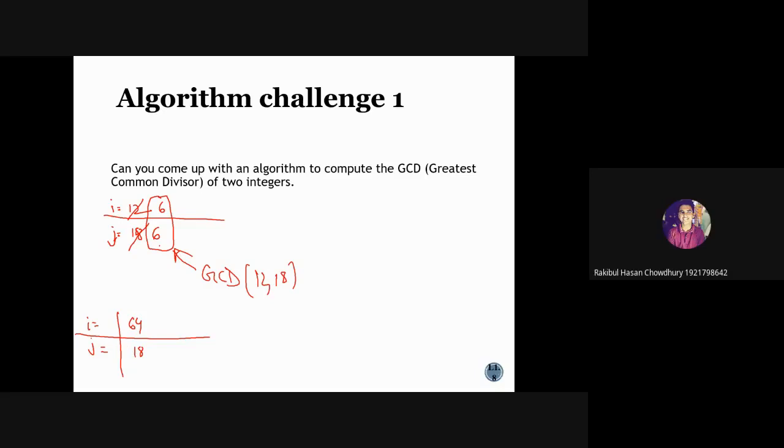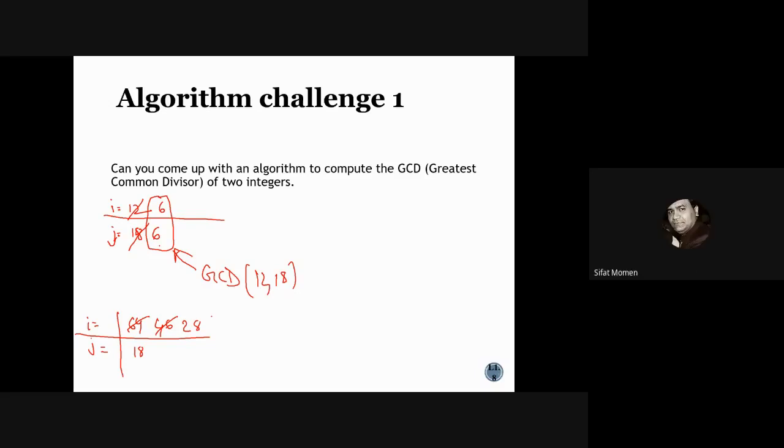64 is larger. So 64 minus 18, how much is that? 46. So the new value of I is now 46. 46 and 18, which one is larger? 46. So update the value of I. 46 minus 18 is 28. 28 and 18, which one is larger? 28.